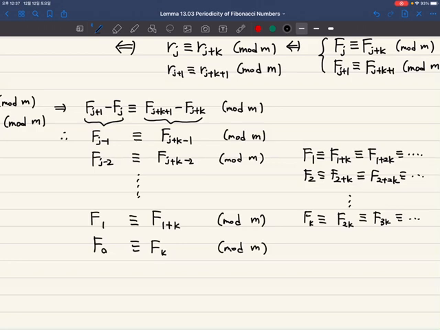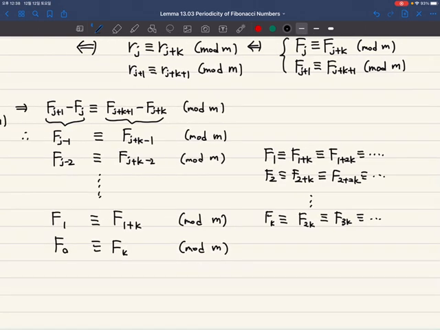Now, how do we prove that there will exist infinitely many integers n such that m divides f of n? We first have to look at these terms.